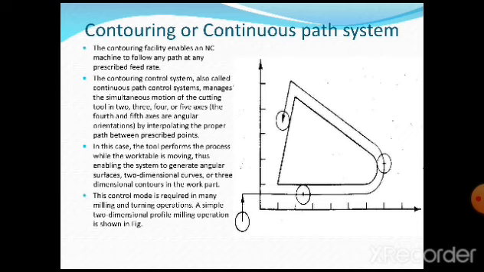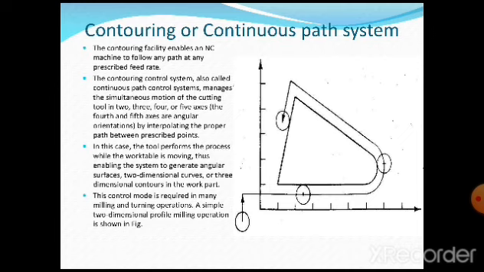This is a very interesting option here. It combines all the axes, unlike point to point and straight cut systems. It requires combining all the axes at a time. It has to synchronize and see that a curved path is produced correctly by interpolating the proper path between the prescribed points. That is very, very important.